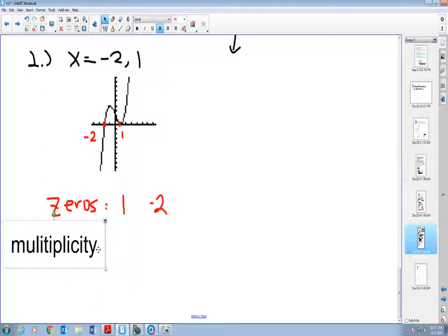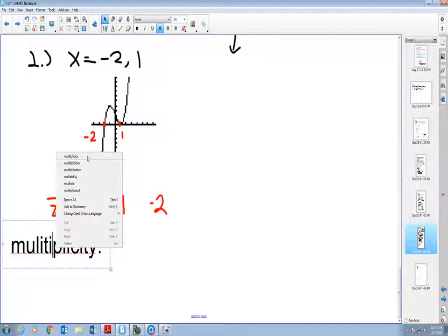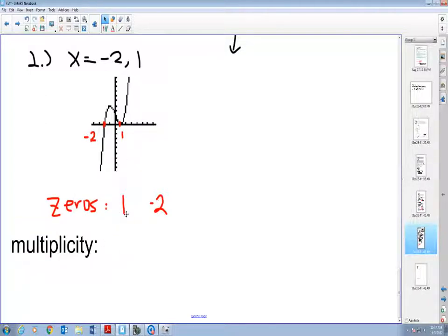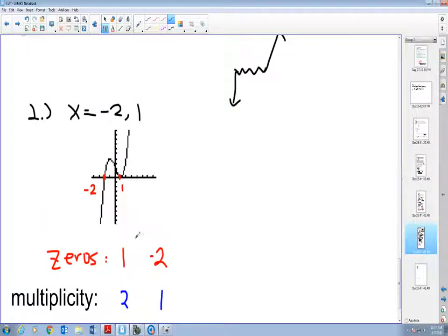My multiplicity for my 0, 1 is actually 2. It's even multiplicity, and -2 is 1. So that's why the 2 add up together to give me x to the third. So not every problem we have to go through all 4 steps. Okay, not every problem we got to go through all that.